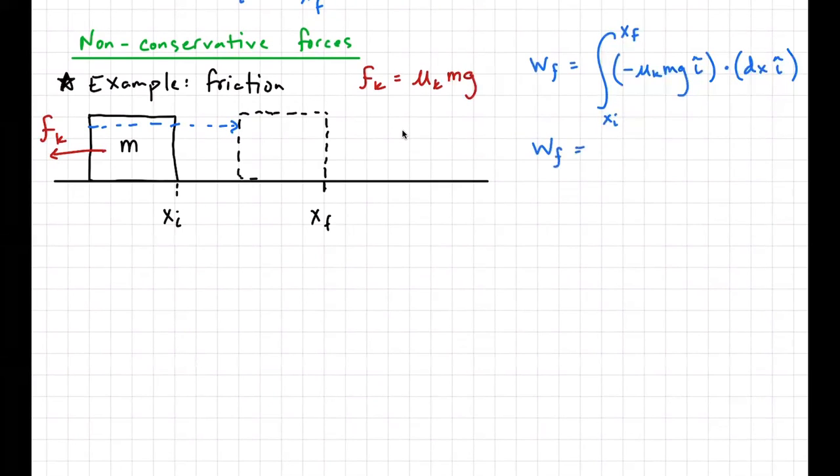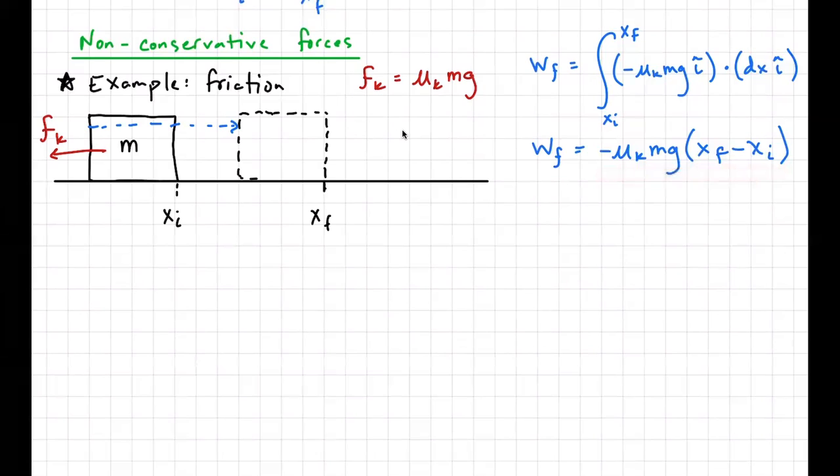So the work done by friction, you can convince yourself, is minus mu k mg times this displacement, xf minus xi. The force of friction is constant here, or at least we're modeling it that way, so we end up with just the force of friction times the displacement. The minus sign means that the force of friction is pointing opposite our displacement. The larger the displacement is, the more work is done by friction.